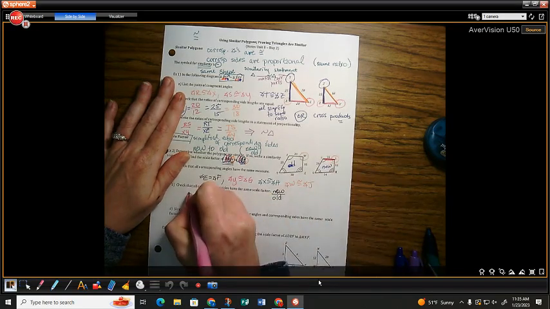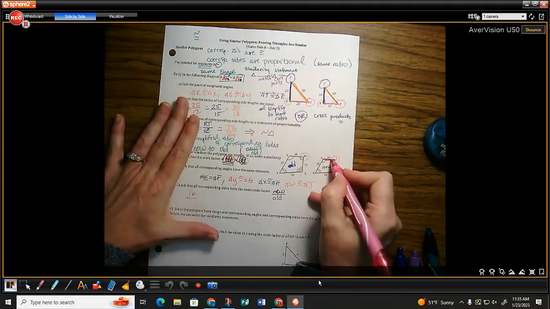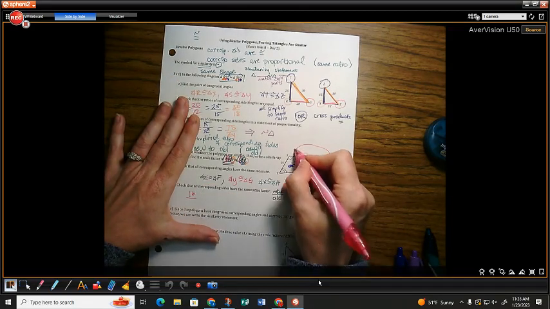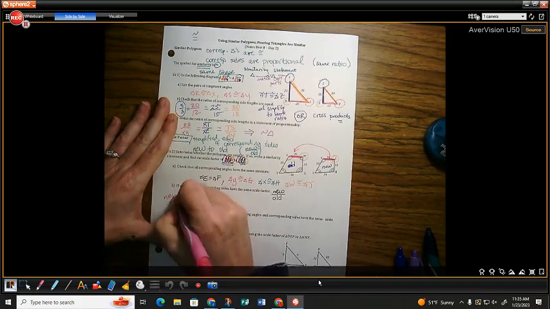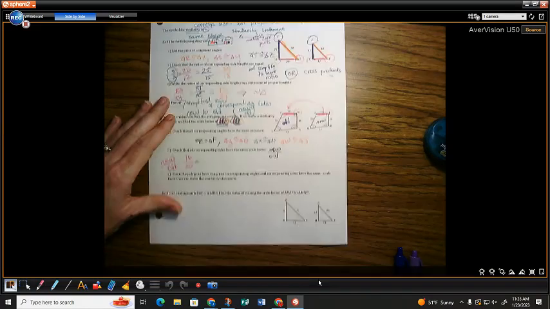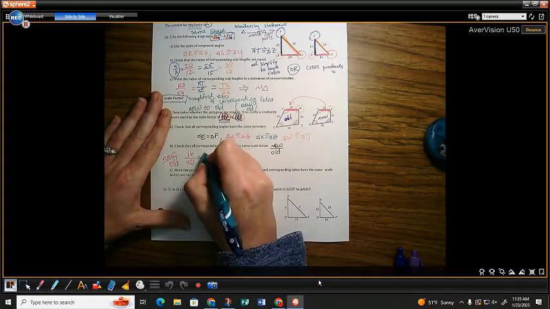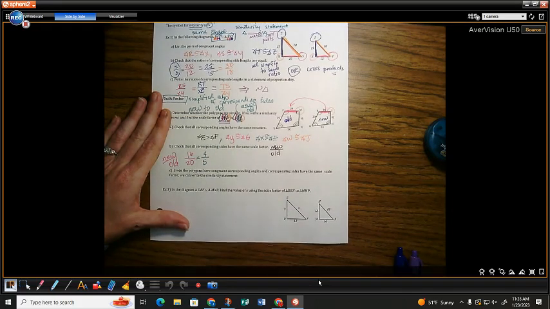If I do FJ, that's 16, what's the old one that corresponds to it? ZW. So it's going to go with 20. That's my new to my old. And what scale factor does that make? They both divide by 4. They do, 4 fifths.